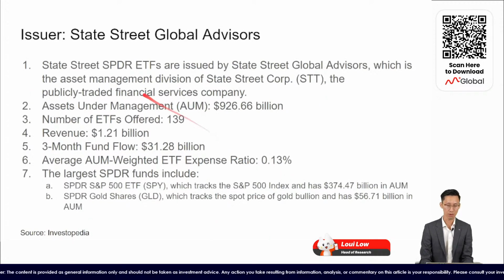Okay, and if you look at SSGA, the State Street SPDR ETF is issued by SSGA, and they have the largest ETF tracking the S&P 500, at 374.47 billion in AUM. So that means many people are tracking the S&P 500. But why would you pick SPDR or SSGA over Vanguard or the rest of the issuers?